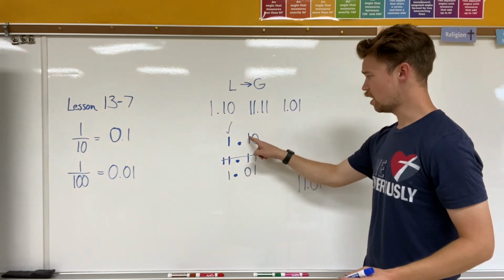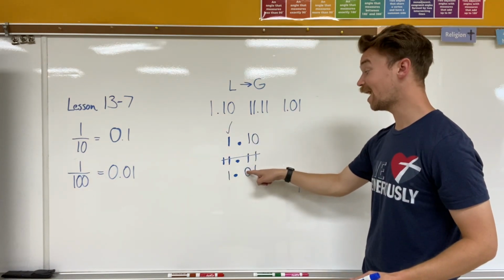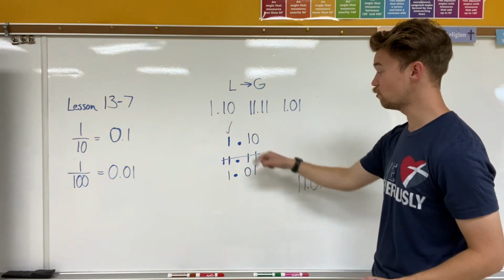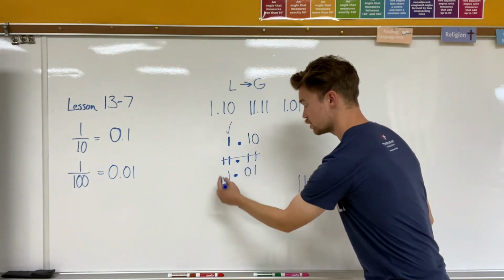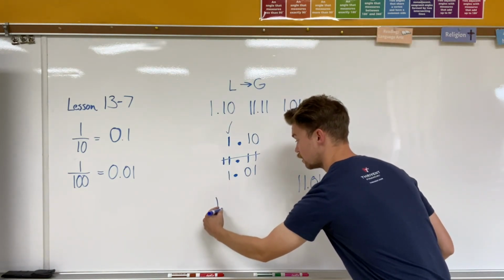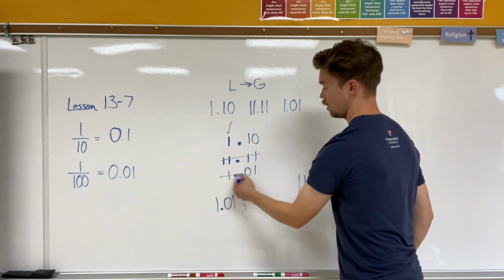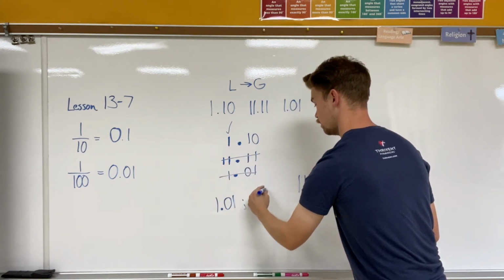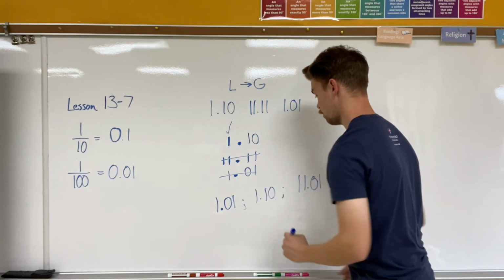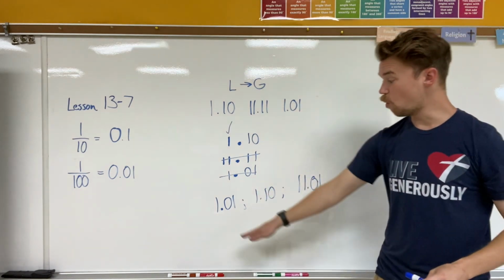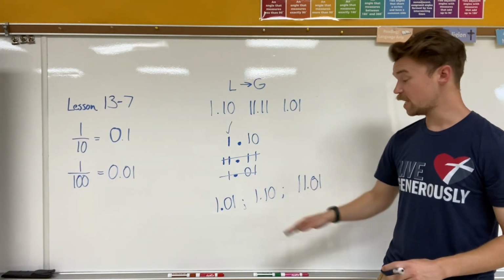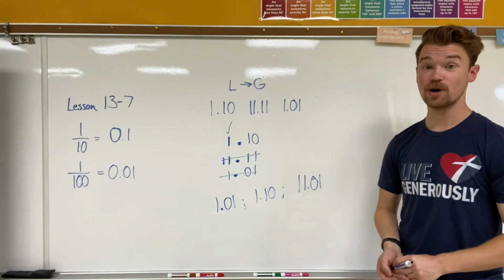Decimal place. 1 and 0. The 0 is smaller than 1. So I know that this one is the smallest one. And this one is the one in the middle. Separate it out with semicolons. So my order is 1 and 1/100th, 1 and 10/100ths, and 11 and 11/100ths.